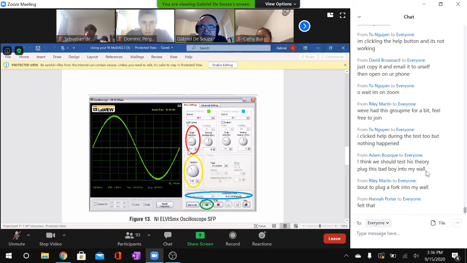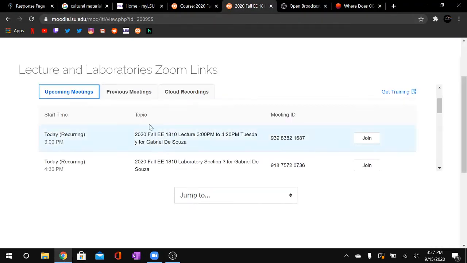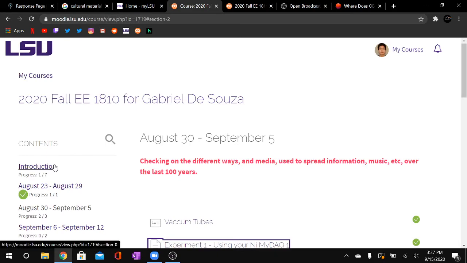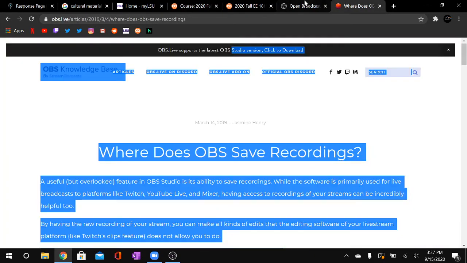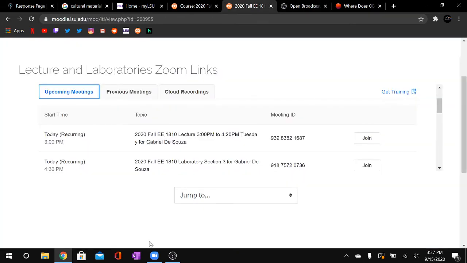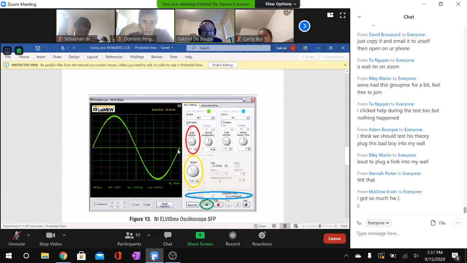So if I'm able to set the time right here, time per division, if I say 5 milliseconds, then each and every one of these markings here is going to be 5 milliseconds, I'm sorry, not 0.5. So I have 5, 10, 15, 20, 25, okay? 25 plus 25 is 50 milliseconds.